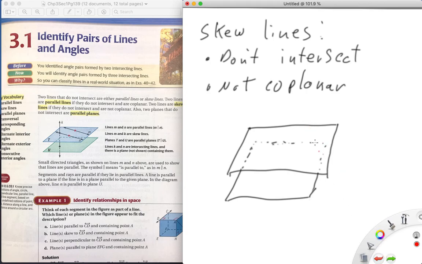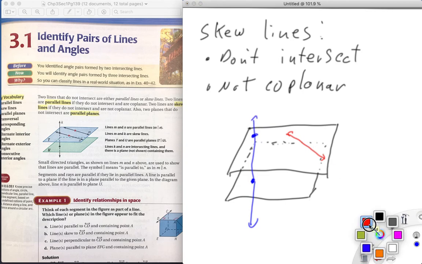Then we have another line coming from this plane going out, coming through here. This line is going to keep going in this direction. They're never going to touch. This guy is going to go up this way. So these guys are never going to touch.